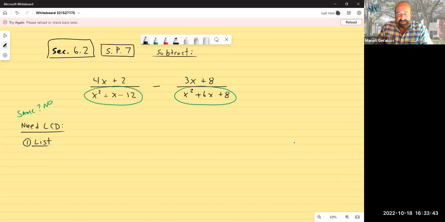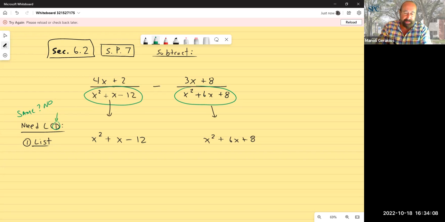The first step is to list both denominators. We have x squared plus x minus 12 as our first denominator, and then x squared plus 6x plus 8 as our second denominator, just the denominators. The LCD is based only on the denominators, right?